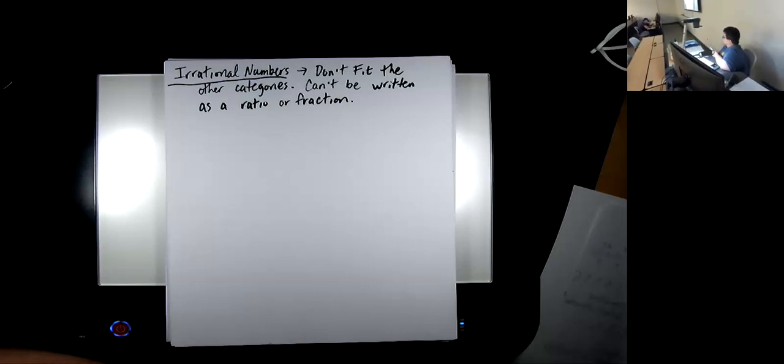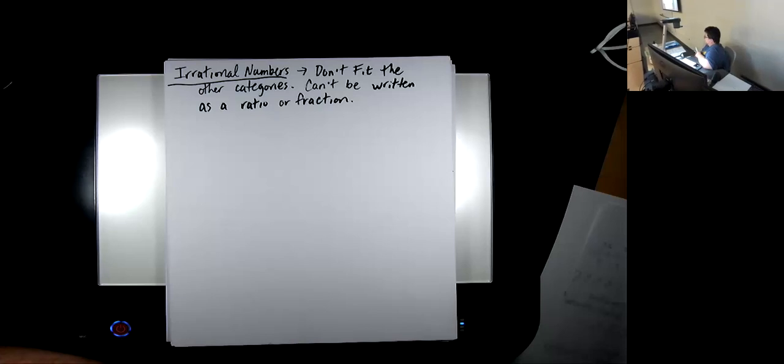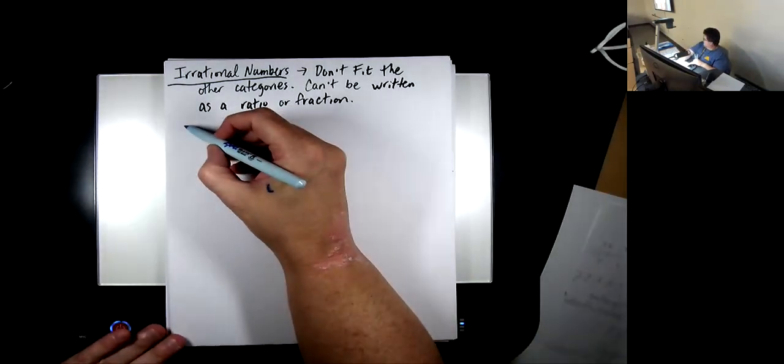Unfortunately, these do show up in our class. What we're basically going to do with them is figure out what they look like as a decimal and just go, okay, that's what it is. And we'll end up rounding. These are almost always, I can't think of any that are not, in the category of decimals that don't end and don't repeat.